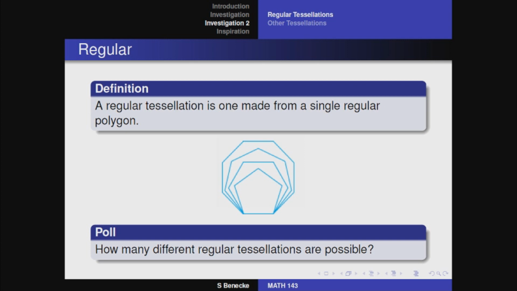Those are the only things there, so everything's equal. Regular is the most important of the polygons because it's the simplest. Having that balanced shape means I can rotate it from every side, it's all the same. So it's the easiest to work with when I ask a tessellation question.